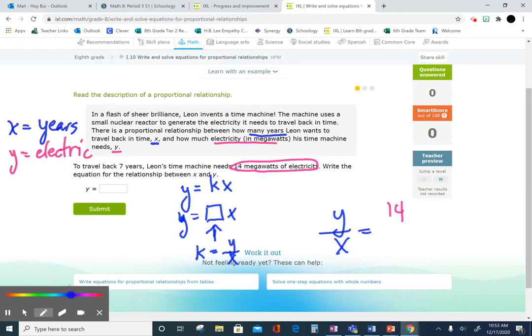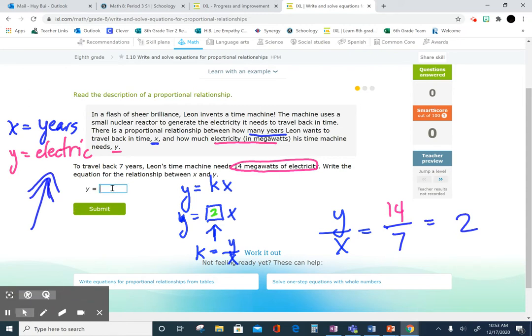And then our x is our years, right? We labeled all that here on the left side, both of those. So x is 7 years. So 14 over 7 equals 2. So the equation that I'm going to write in there is y equals 2x.